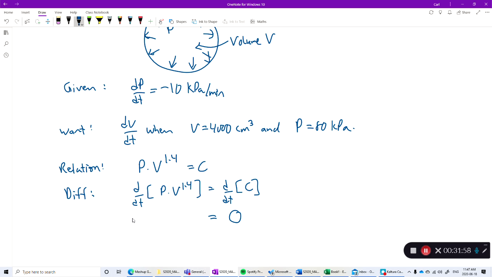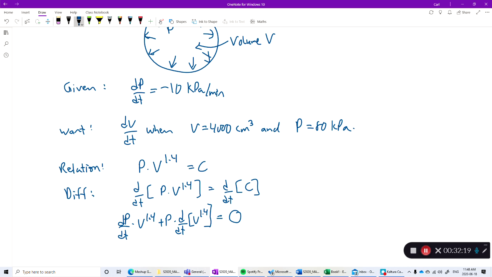On the left side, I need to use the power rule. So take that back, I need to use the product rule. Derivative of the first thing times the second plus the first times the derivative of the second.